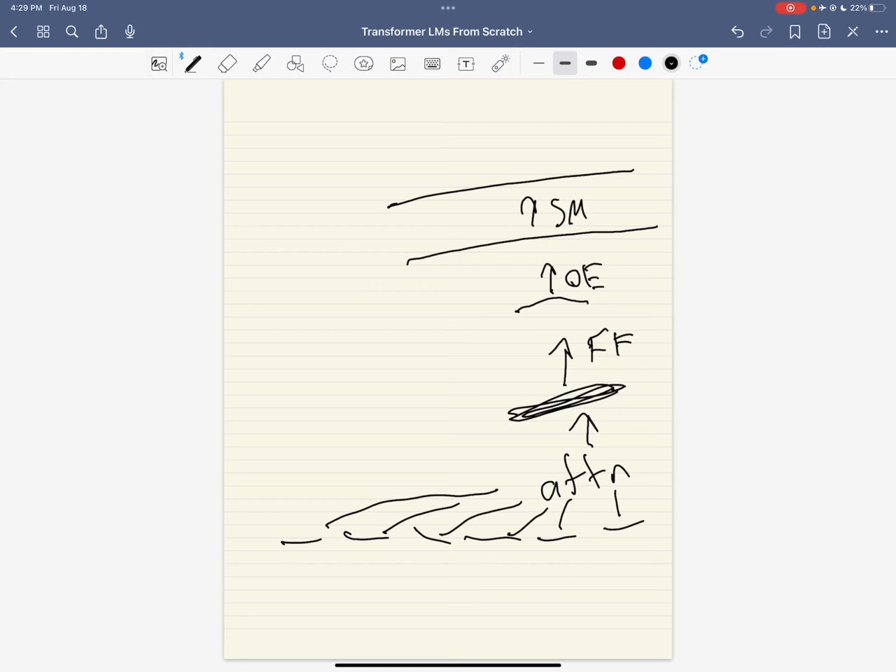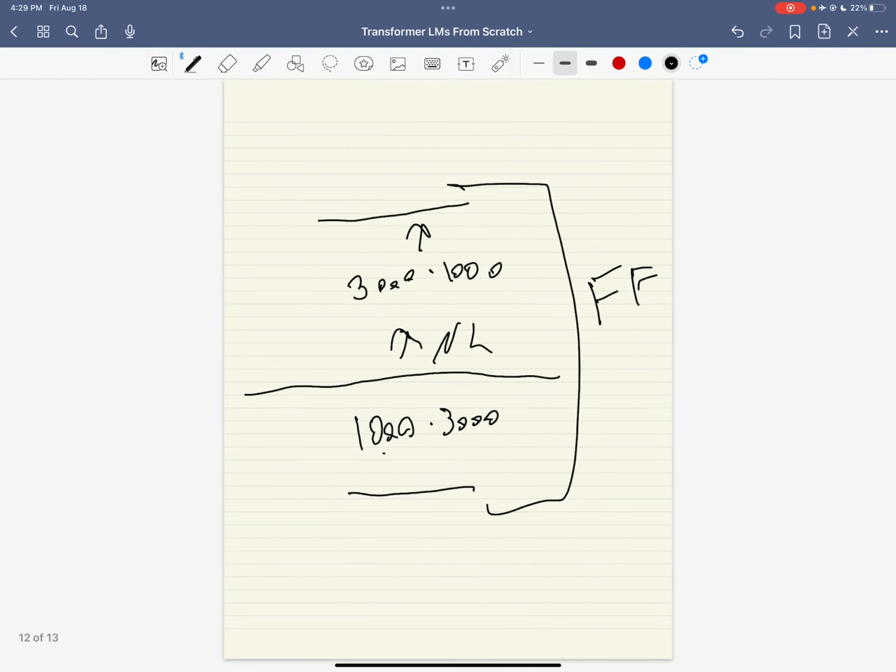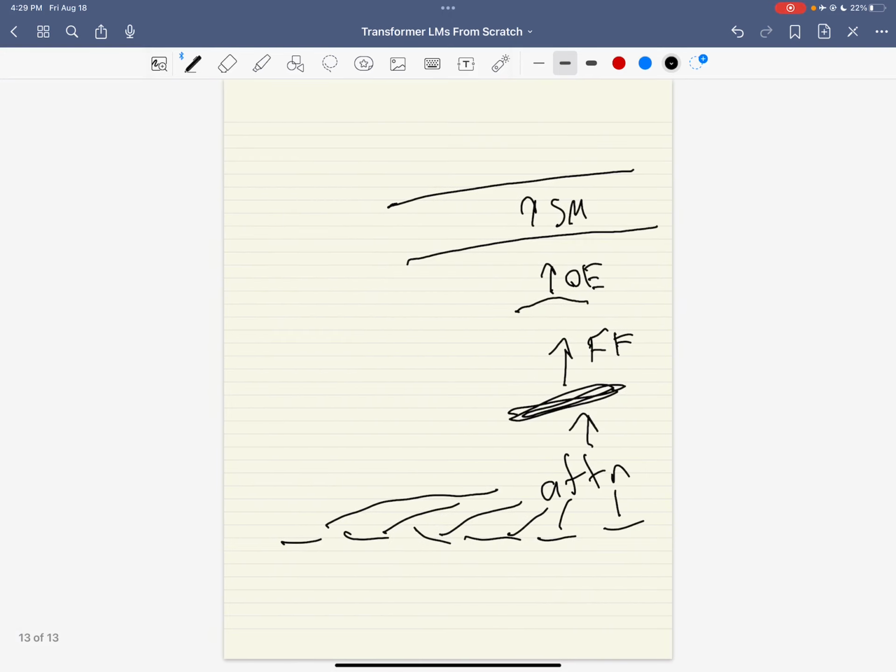Yeah, that's our third language model. Questions about the feed-forward layer? Of course, the two matrices start out randomly initialized, and then you learn them through training.